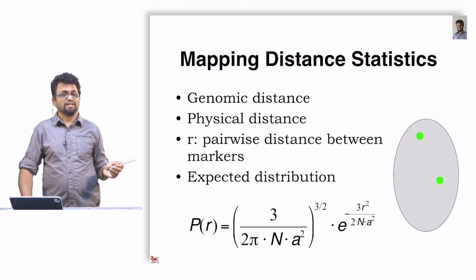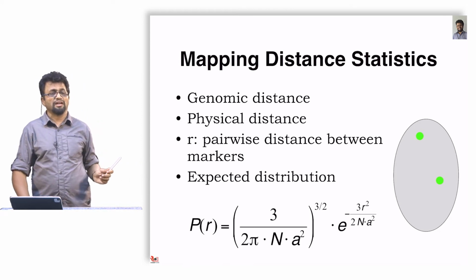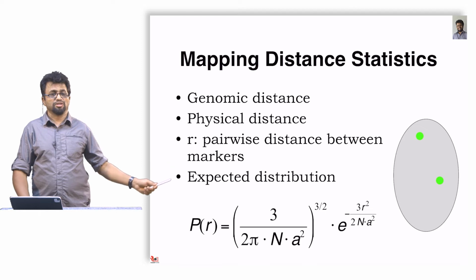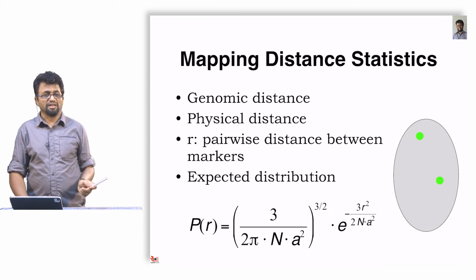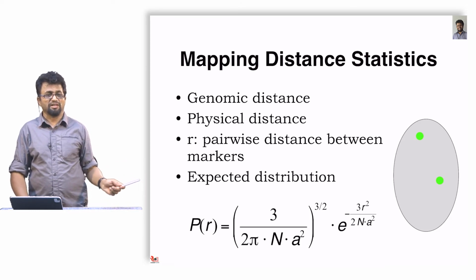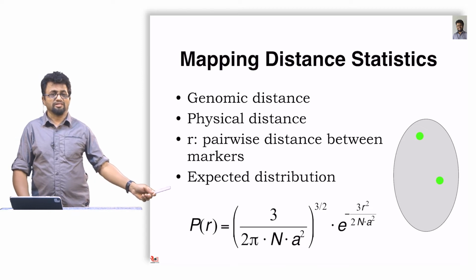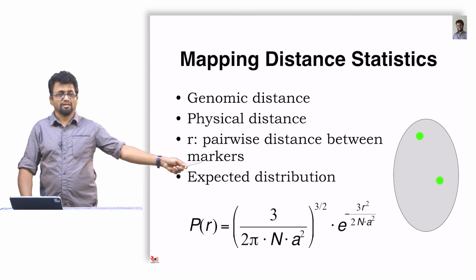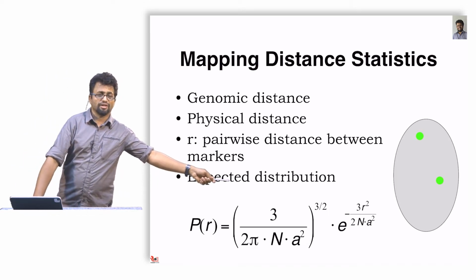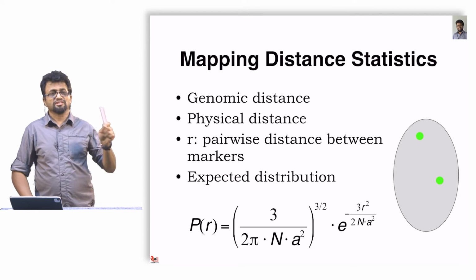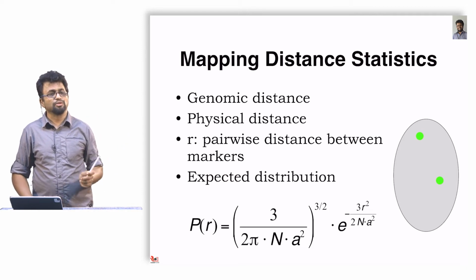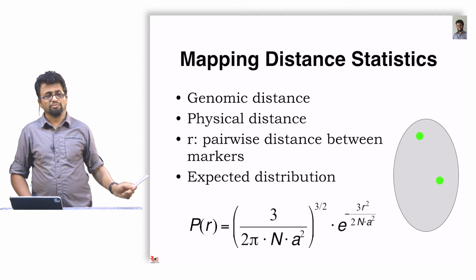This is why we call it the expected distribution: the model predicts that a 3D Gaussian describes the pairwise distance between markers, R being the pairwise distance, P being the probability, and this being a constant, N being the number of base pairs, A being the Kuhn length, and the rest of the terms you are familiar with already. This is from my last lecture, and you should go back and look at it if you have any problems with what the terms mean.